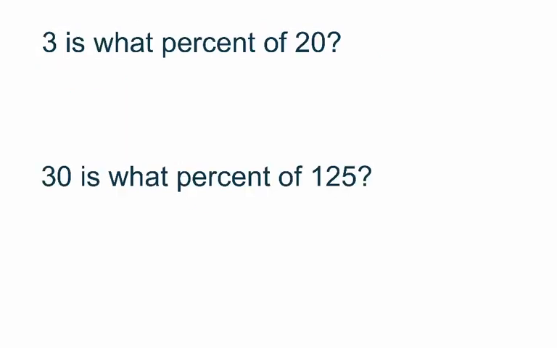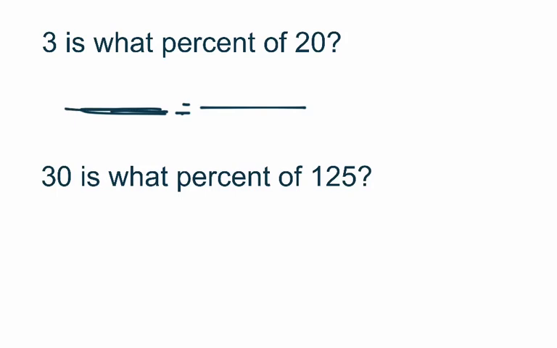Okay, so this is where we're really going to start setting up our proportions. Our first problem is 3 is what percent of 20? We can start right away just by setting up our proportion bars here. I like to do that right away, and then I just fill in from there.